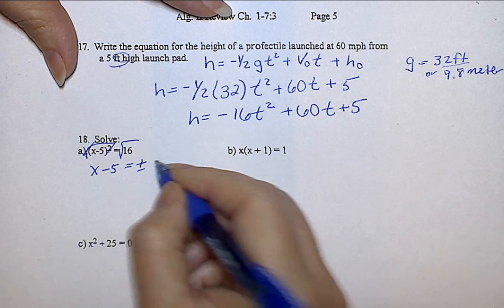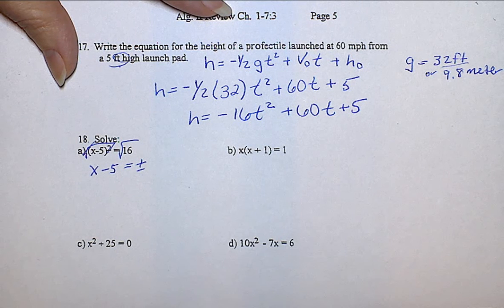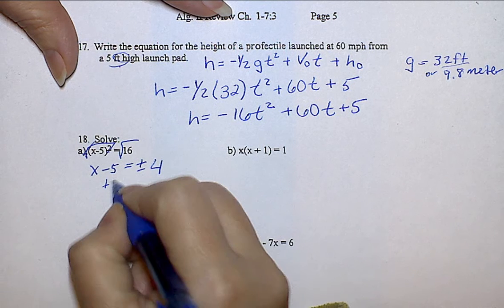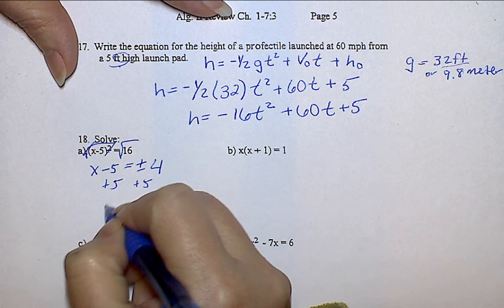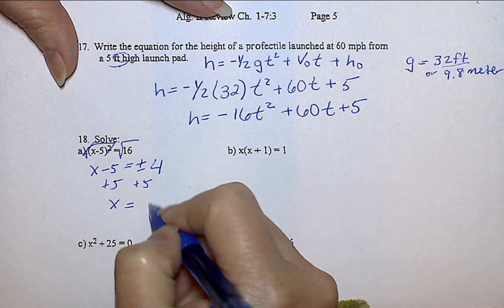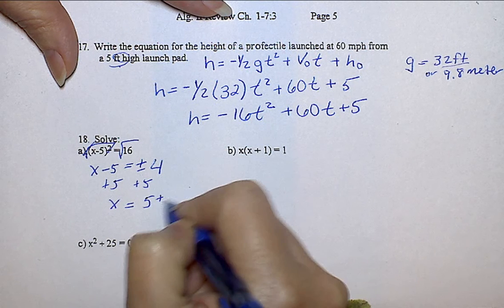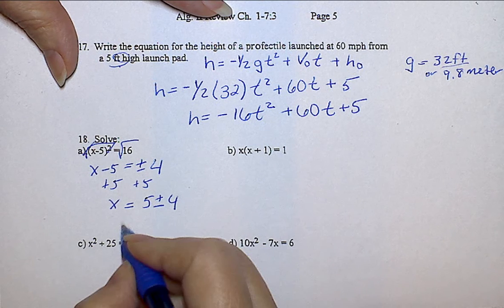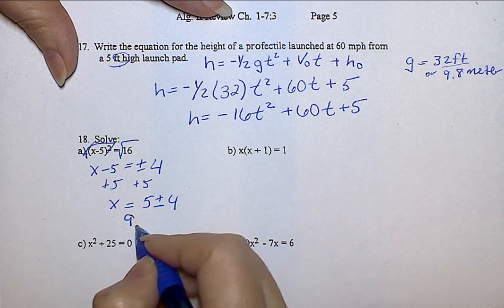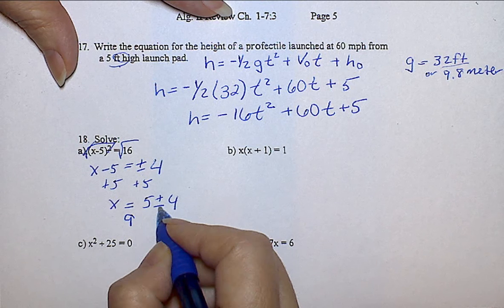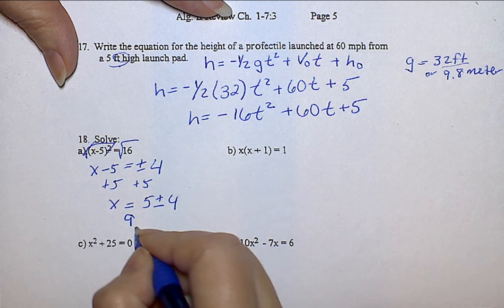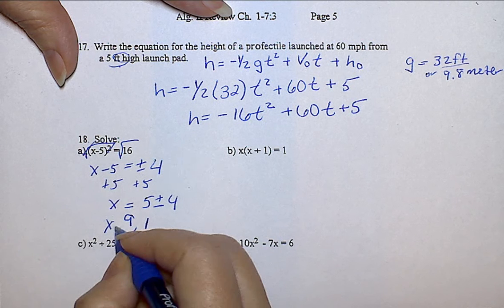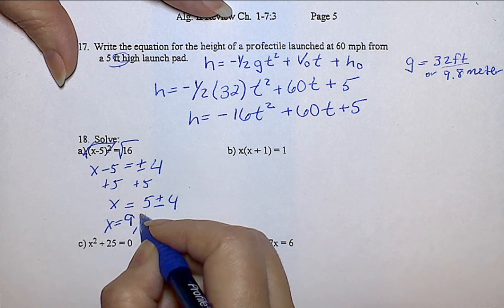What is the square root of 16? 4. So you would add 5 to both sides. So x is equal to 5 plus 4 and 5 minus 4. So 5 plus 4 gives me 9, and 5 minus 4 gives me a 1. So that means that x equals 9 or 1.